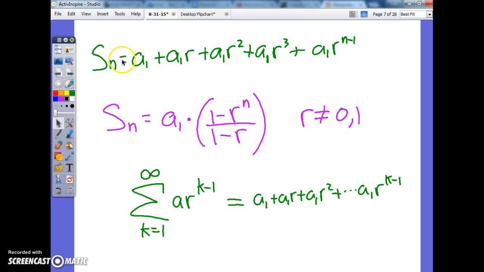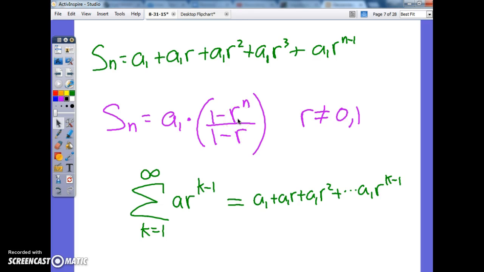Guess what? If we want to sum up all these terms, we can have a sub 1 times 1 minus r to the n over 1 minus r. Okay?